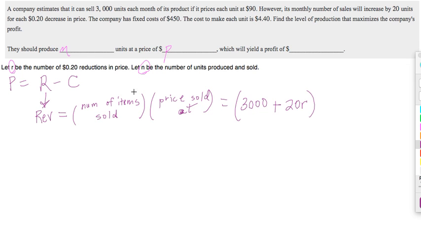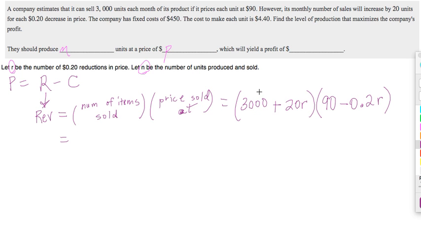That's the number of items that we're going to sell. The price that they're being sold at, we're starting at 90, and then we are decreasing the price by 20 cents R times, so minus 0.2R. Okay, so that gives us revenue, capital R, in terms of lowercase r, which we should definitely go ahead and expand and simplify.